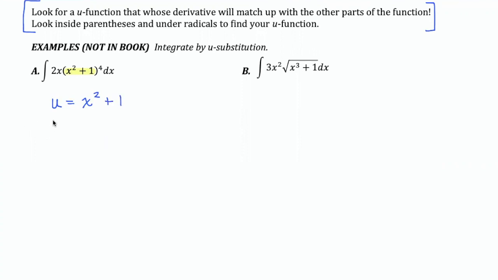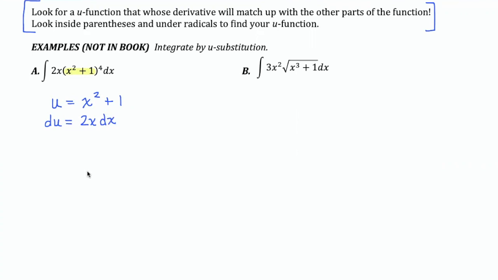The next thing you will do automatically is take the derivative of u. If I take the derivative, x squared becomes 2x. The constant's going to disappear, and you'll always put a dx on this side.